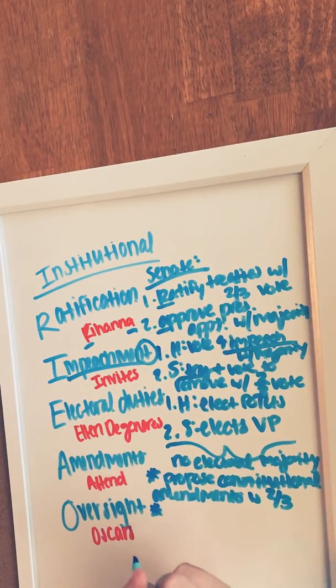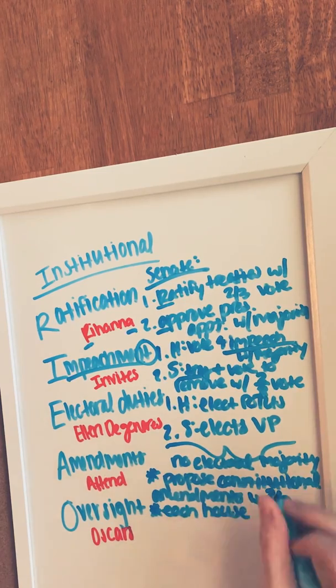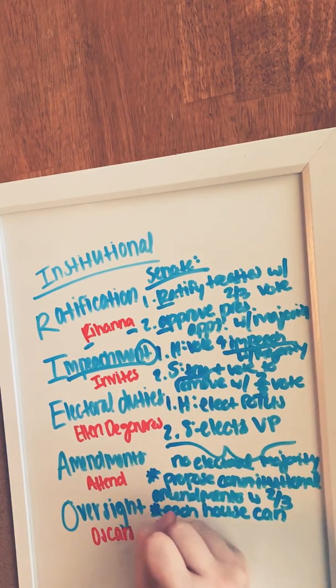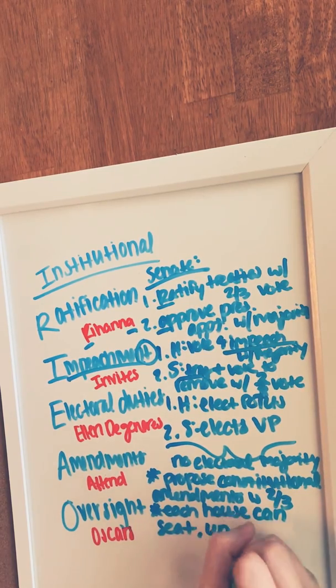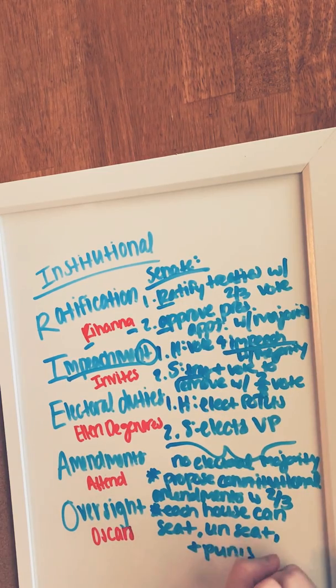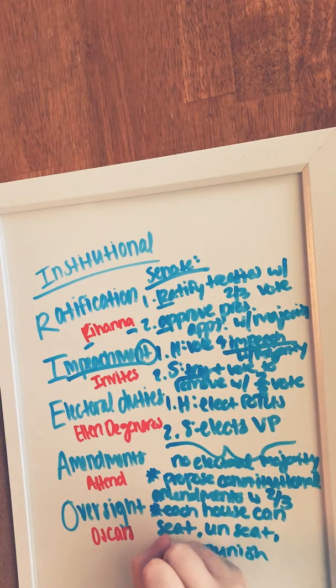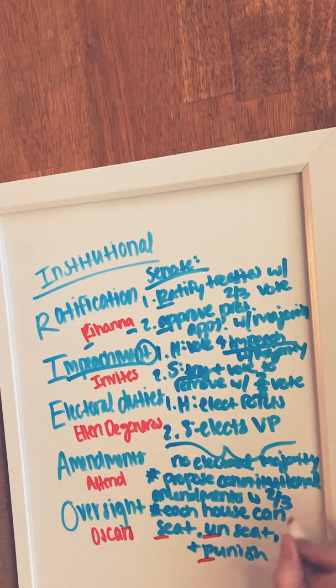And then each house can seat, unseat, and punish their own members. So how I remember the proposal is just, like a big diamond ring or whatever, but really the only acronym that I have for this one is SUP, which is S-U-P. So SUP. SUP is seat, unseat, and punish. So that's all for amendments.